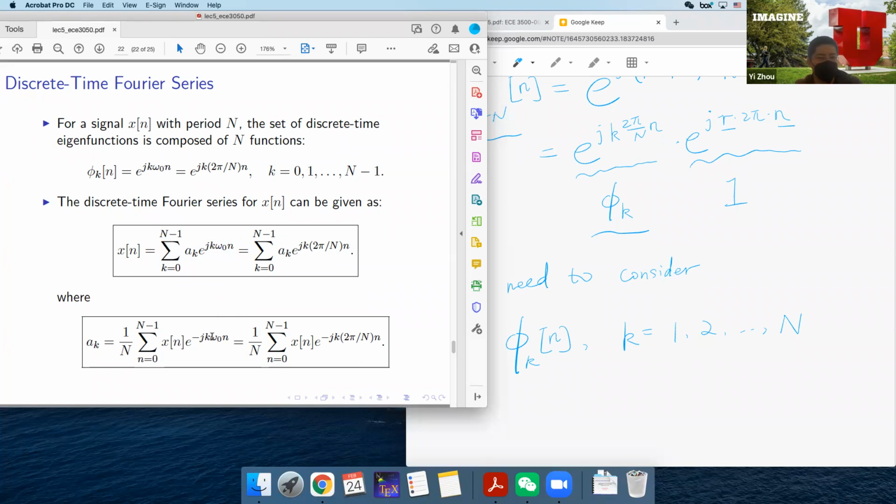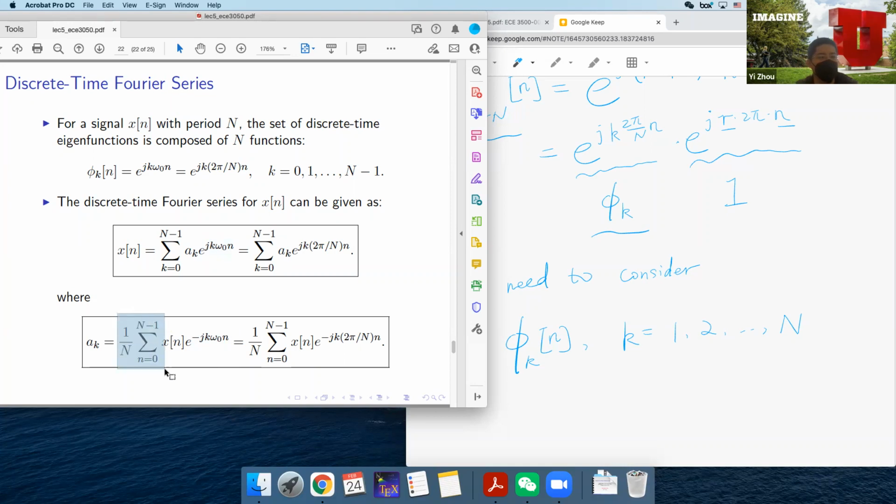And then the rest of the story is the same. For a given signal, we need to calculate the spectrum. The calculation can be conducted by, again, projecting the signal onto each of the basis signals. And such a projection is defined by this summation. So it's 1 over N, sum over small n.